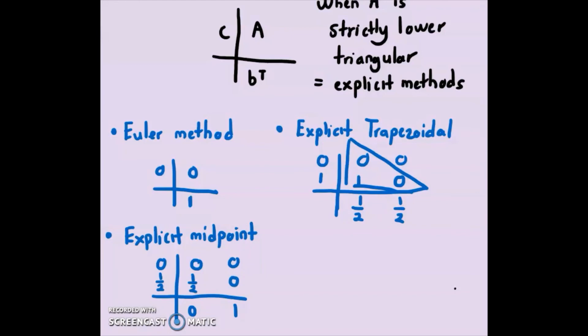Okay, this is my explicit midpoint. This is also lower triangular, so therefore it's explicit. Now explicit trapezoidal and midpoint are order 2.